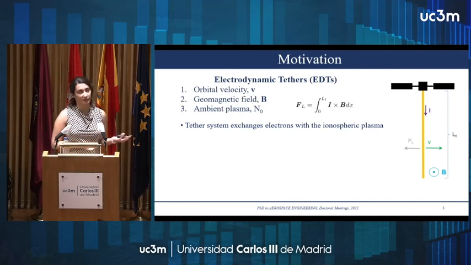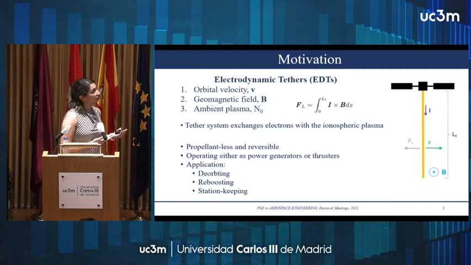Electrodynamic tethers, thanks to three ingredients that we have in space: orbital velocity, magnetic field, and ambient plasma, and also exchanging electrons between the tether and the ionospheric plasma, are able to generate Lorentz force.